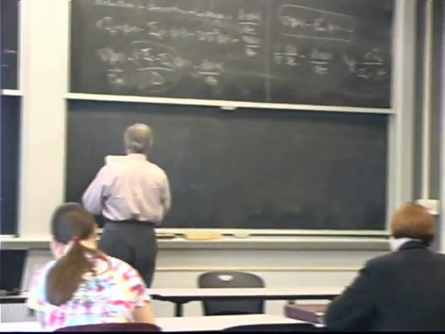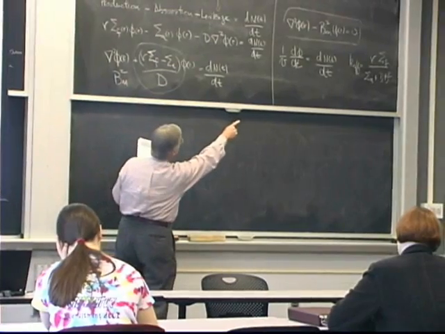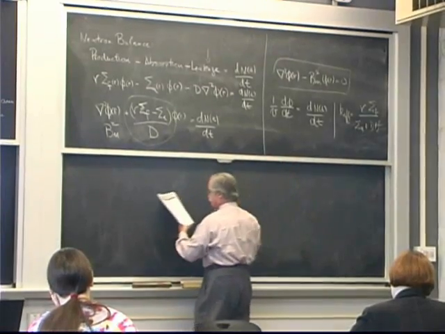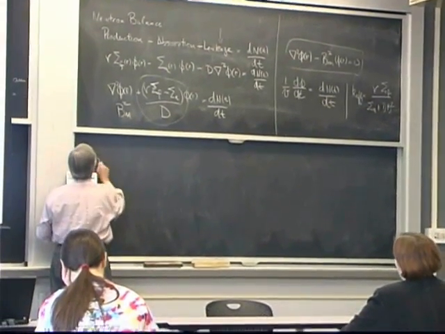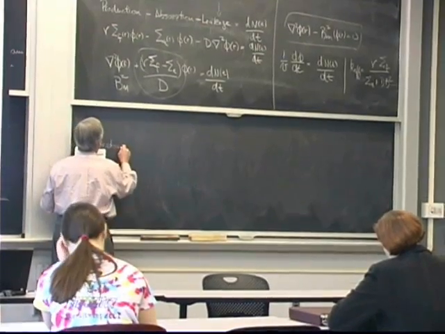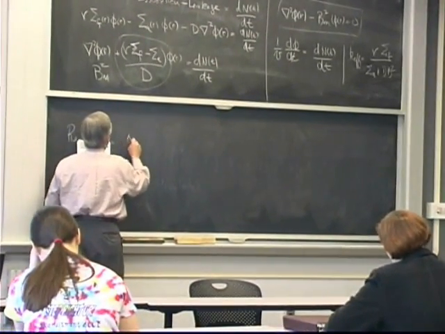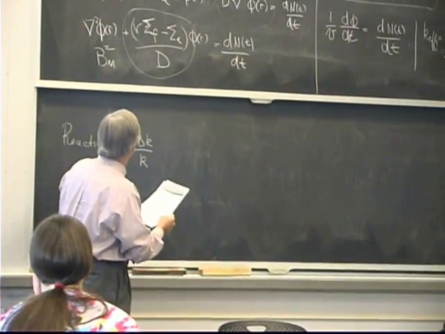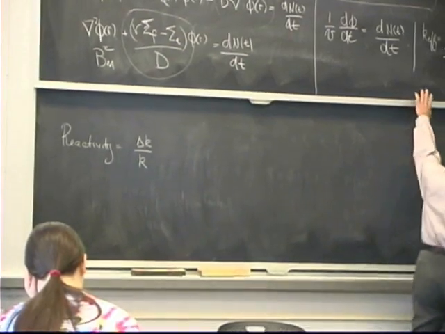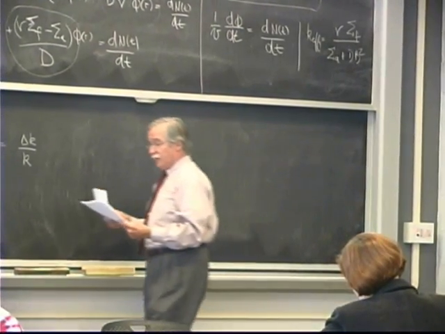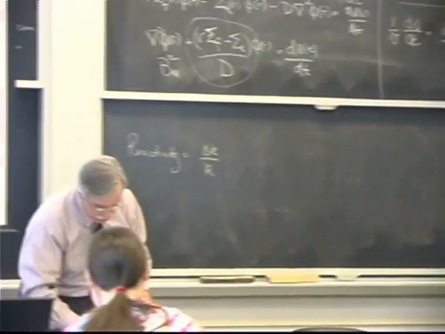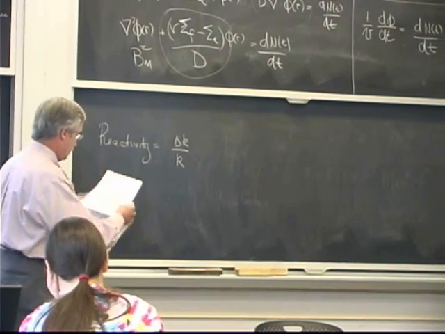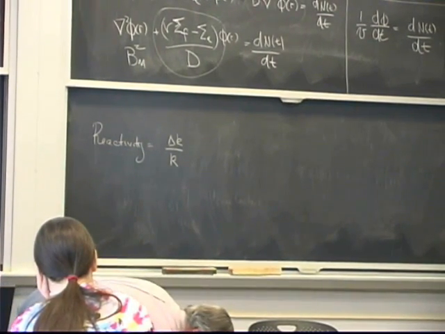So if we go to this expression here, and use that k effective term, and we define reactivity as the change in k over k, you can relate that to this term as a function of time. We get to a very simple expression.